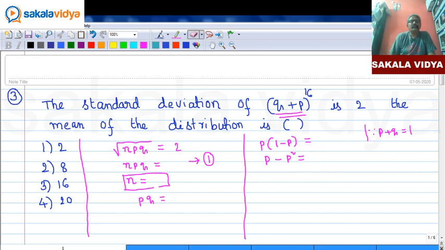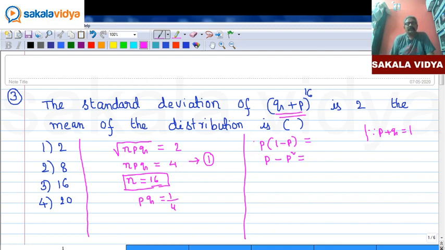Okay, let us do it now. So root of npq is equal to 4, and n will be 16. Now pq, how much will we be getting? 1 by 4.